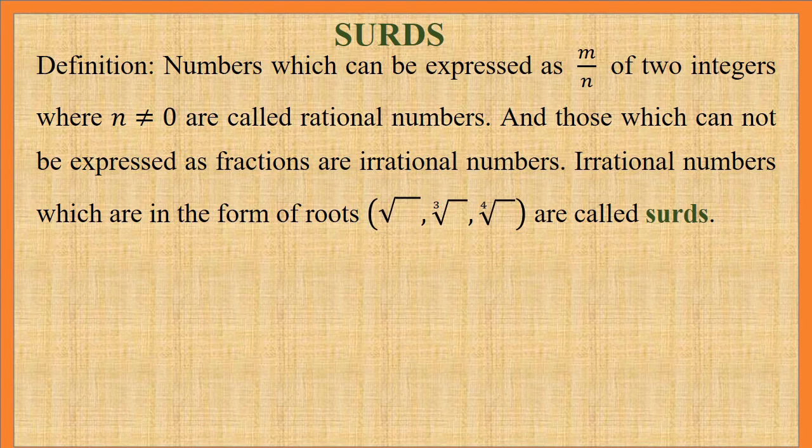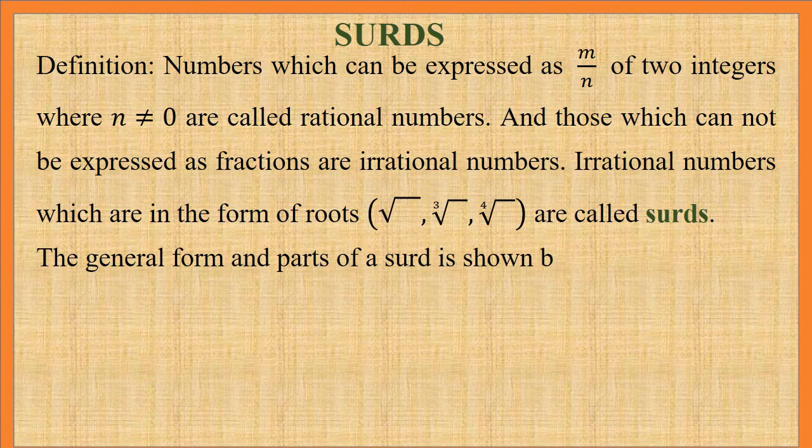For example, 4 is a perfect square because the square root of 4 gives us 2. So when you take the square root of a particular number and you don't get a positive whole number, then it becomes a surd.